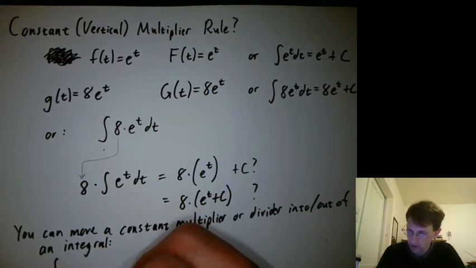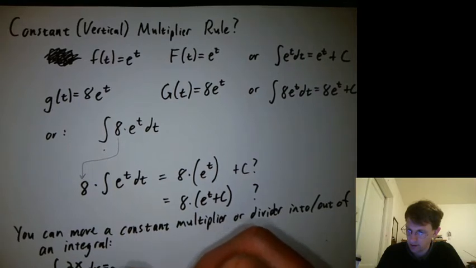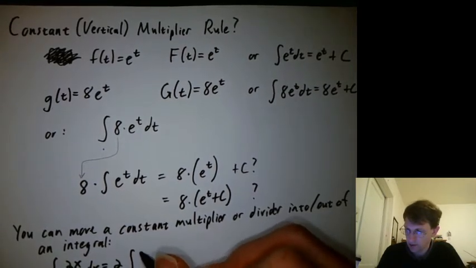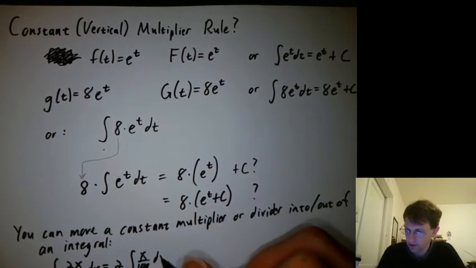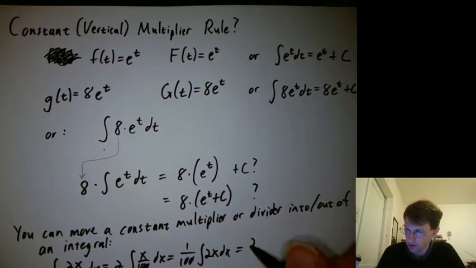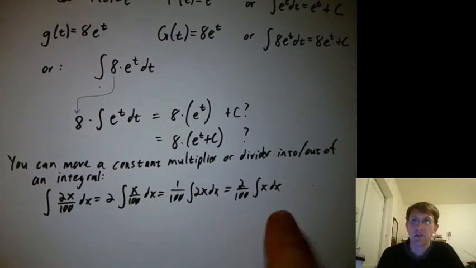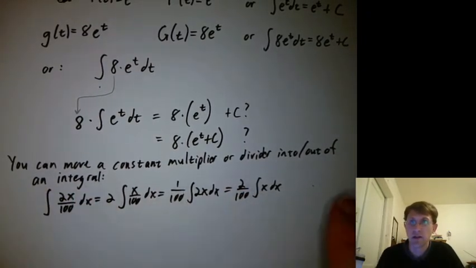So you could say the integral of 2x over 100 dx, you could write that as 2 times the integral of x over 100 dx. You could write that as 1 over 100 times the integral of 2x dx. You could write that as 2 over 100 times the integral of x dx. All of these are equal. You can move multipliers in and out.